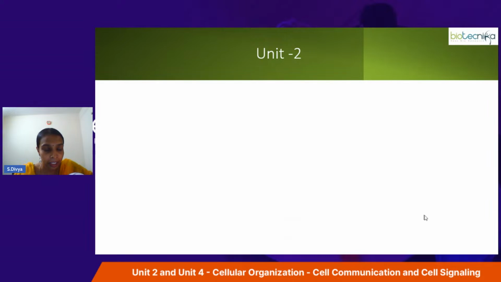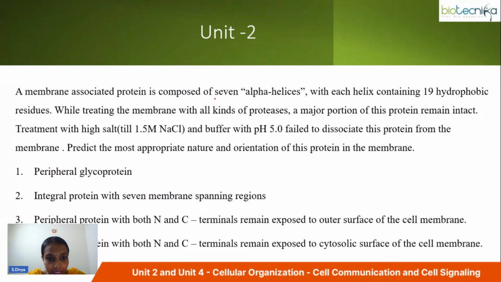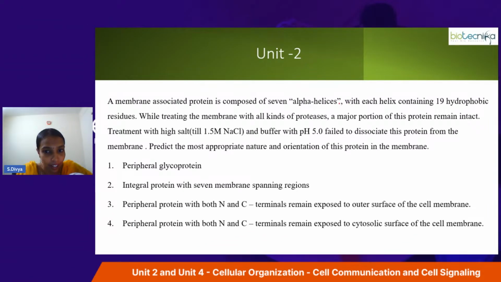Okay, so here is the first question. A membrane associated protein is composed of 7 alpha helices, with each helix containing 19 hydrophobic residues. While treating the membrane with all kinds of proteases, a major portion of this protein remains intact. Even after treatment with high salt buffer, pH 5, the protein failed to dissociate.